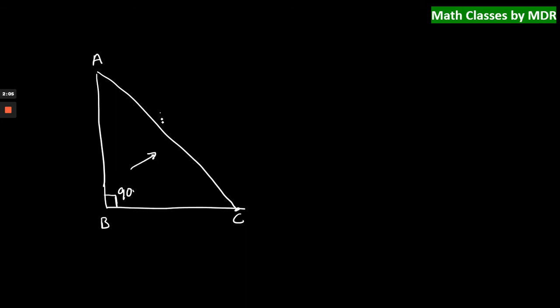So this AC is always the hypotenuse here. It can be BC also based on how you take it. Only the criterion is that the side opposite to 90 degrees is always called the hypotenuse. So in this diagram, AC is the hypotenuse, right?